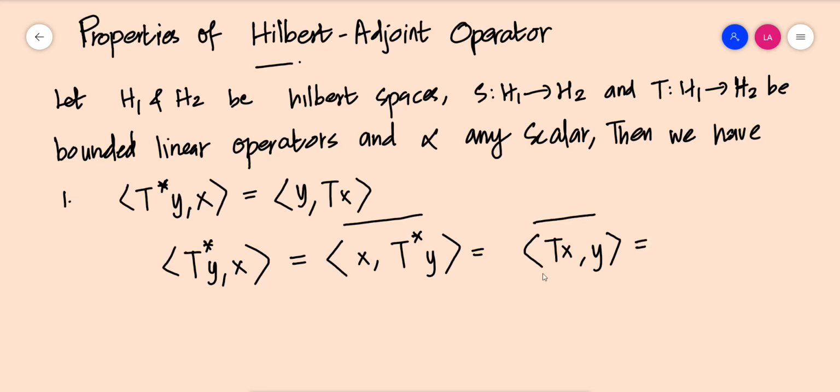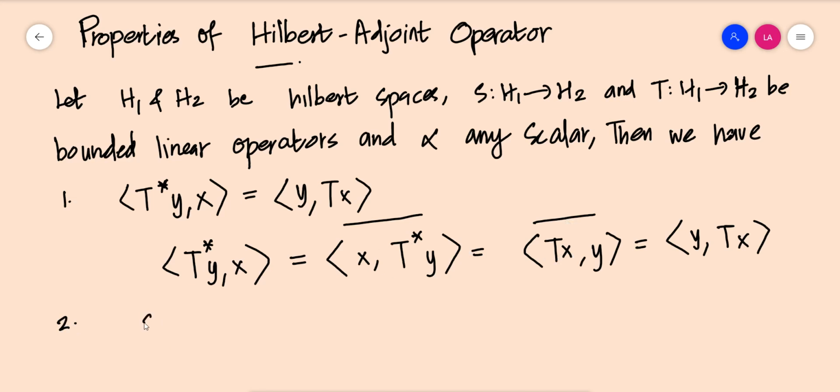The conjugate of this can be written as inner product y, Tx, which is what we need to establish. This is obtained by using the definition of the Hilbert adjoint operator. Now, the conjugate is being transformed using the basic property of inner product. This is the first property.